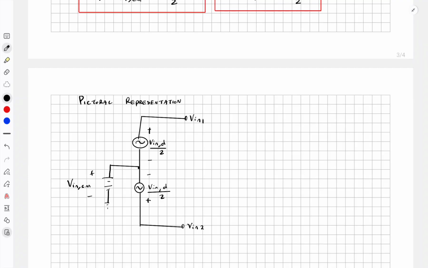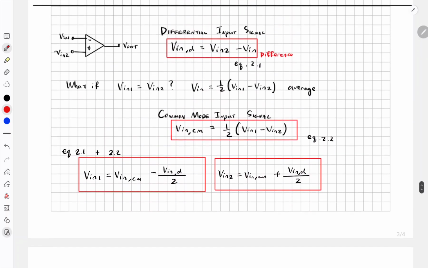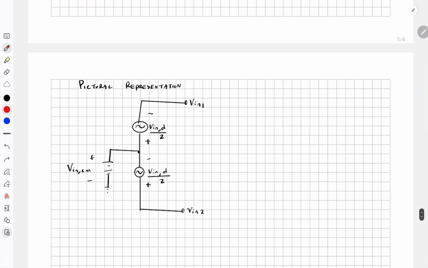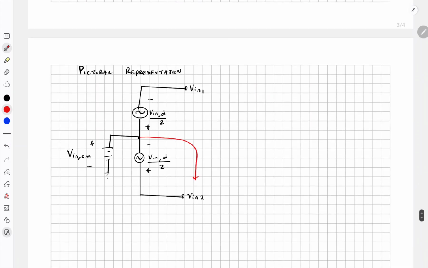Actually, let me just reverse it. Yeah, this makes more sense, because V in 2 has the positive sign in front, so V in 2 is higher, you're going up in voltage. Meanwhile, V in 1 is lower, because V in 1 has the negative sign in front.